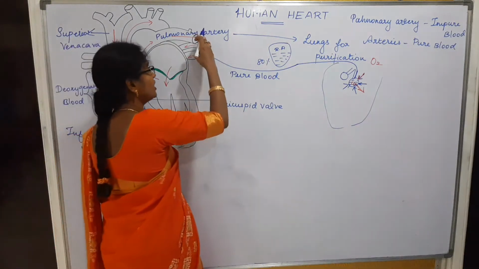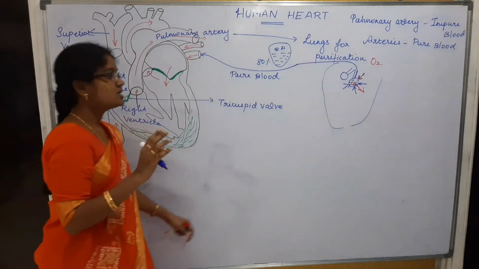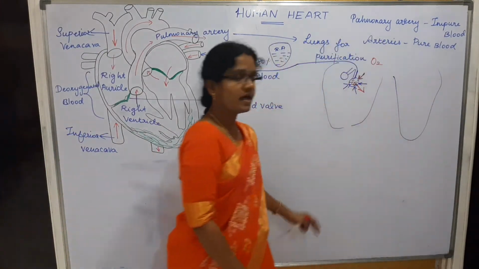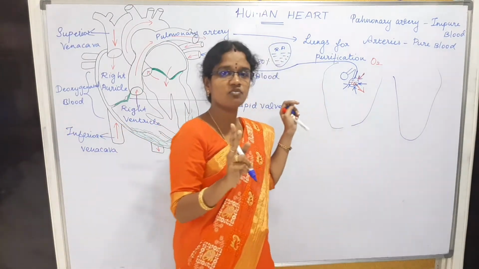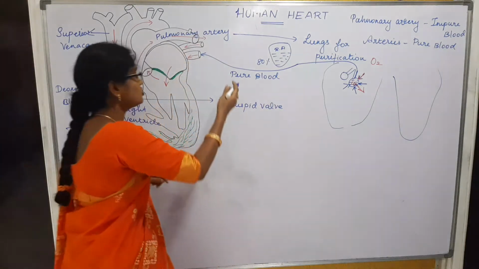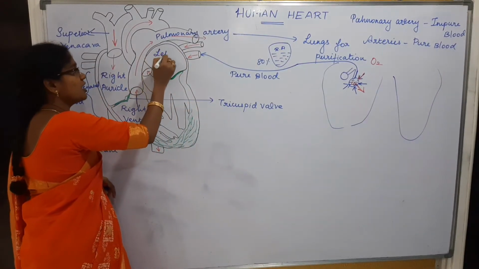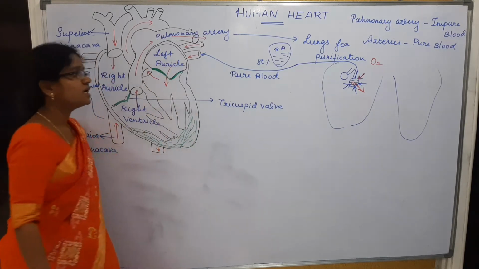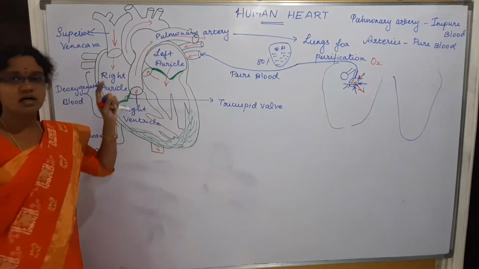These pulmonary veins are of 4 types, right? Because the right and the left lung, each lung carries 2 pulmonary veins in order to carry the pure blood to the left auricle. Where does this carry the oxygenated blood to the heart? The pure blood is carried into the left auricle.